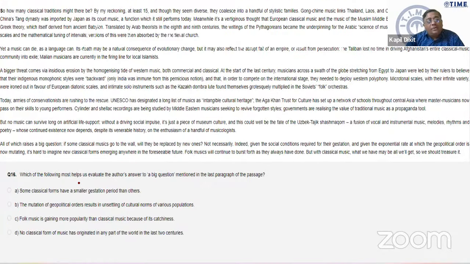Question number 16. Which of the following most helps us evaluate the author's answer to a big question? What was the answer to the big question? Can anybody answer quickly? The answer to the big question according to the author is yes or no? Waiting for your response in your chat box.